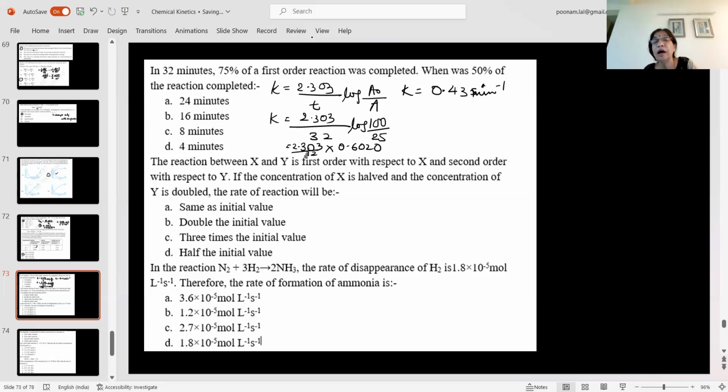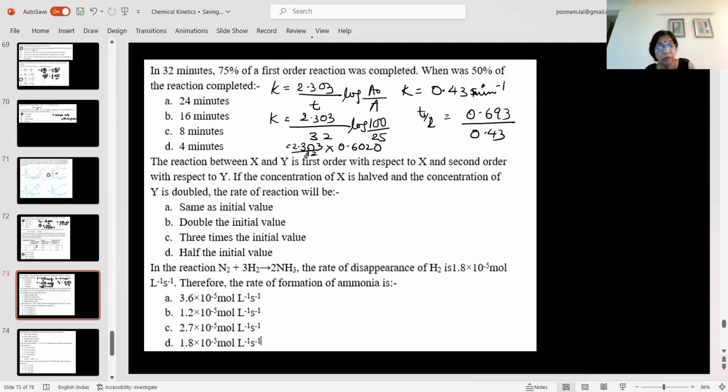Now you know the value of K. You can find T half. You know T half is equal to 0.693 by K. So what will that be? 0.693 divided by 0.0463.